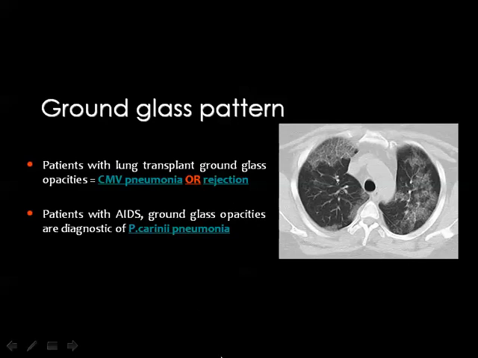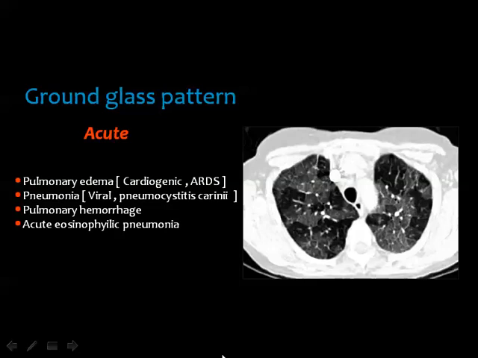Okay? Then, the current differential diagnosis depends on whether the ground glass pattern is acute or chronic. If it is acute, you consider these possibilities. If it is chronic, you consider other possibilities.